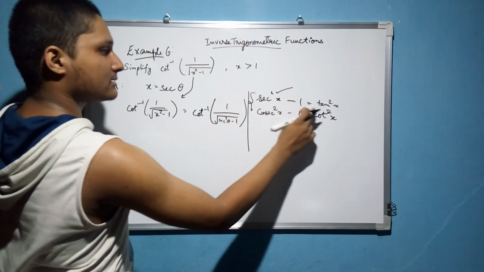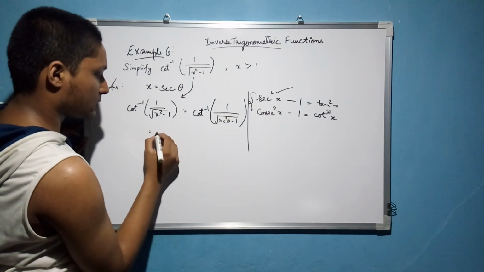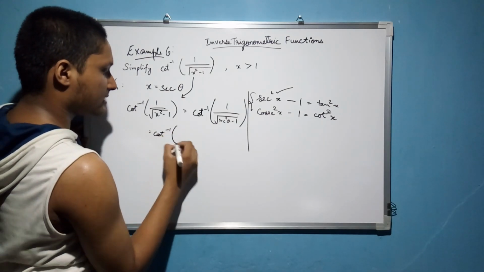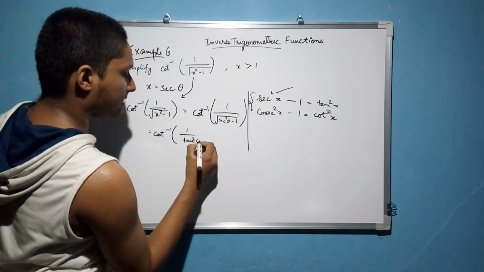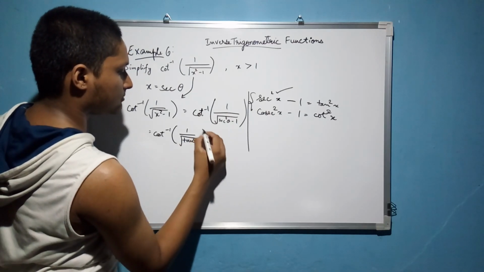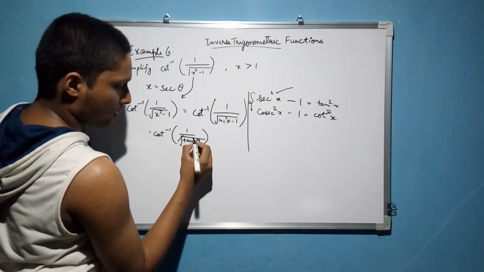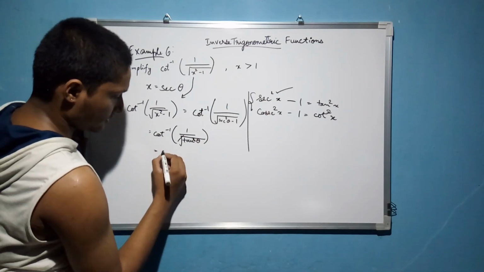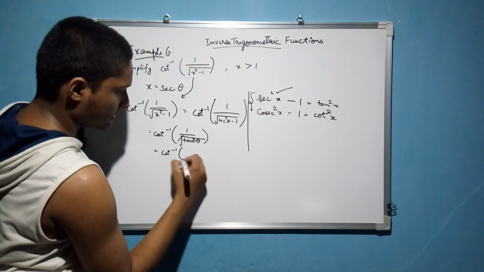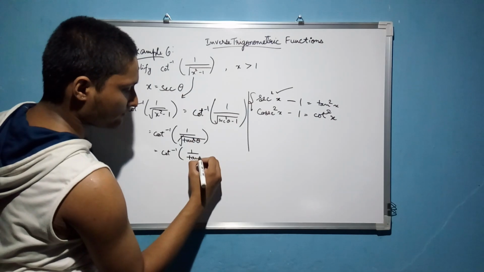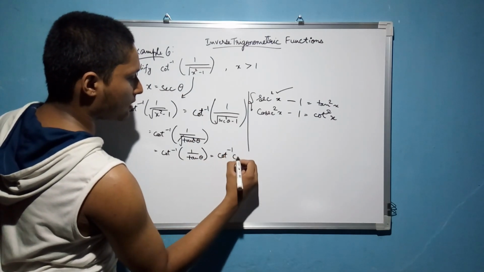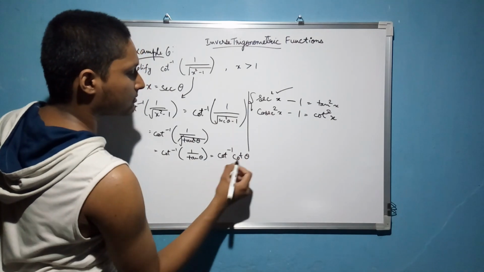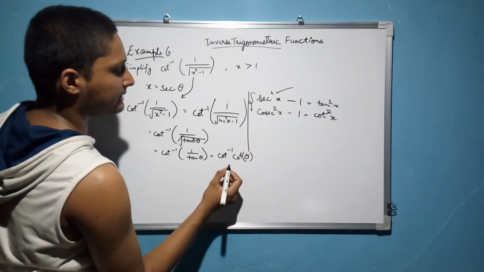Sec square theta minus 1 is equal to tan square theta. So this becomes cot inverse 1 by root of tan square theta, and the root and that square cancel off. So you have cot inverse 1 by tan theta, that is equal to cot inverse cot theta.